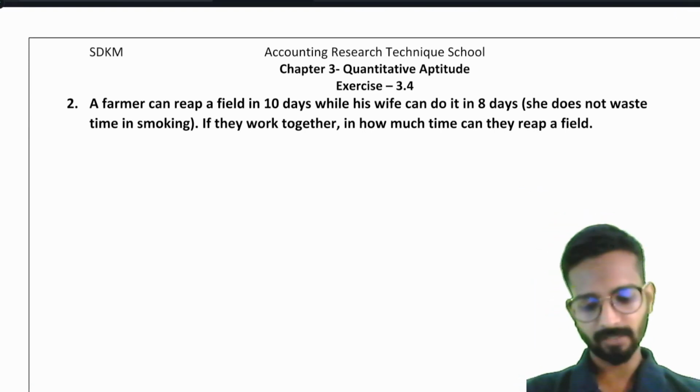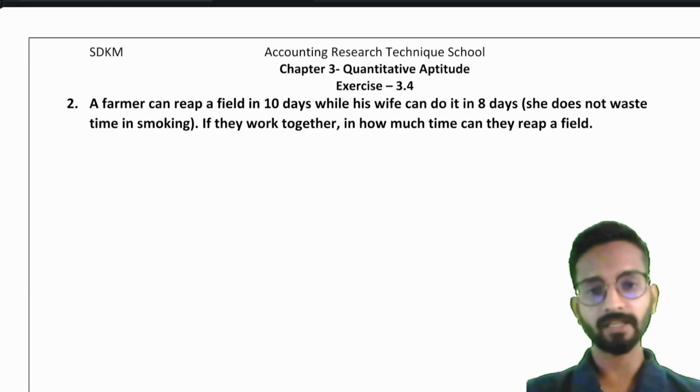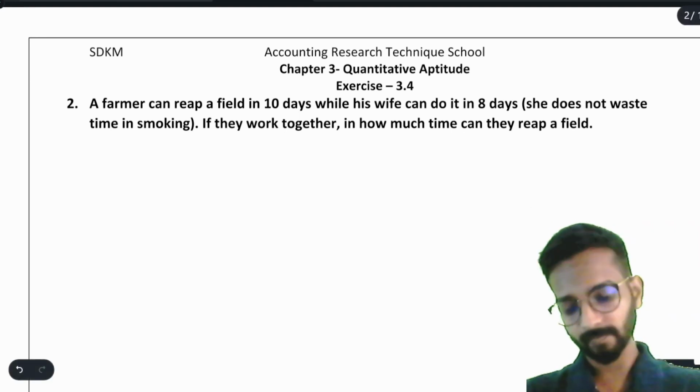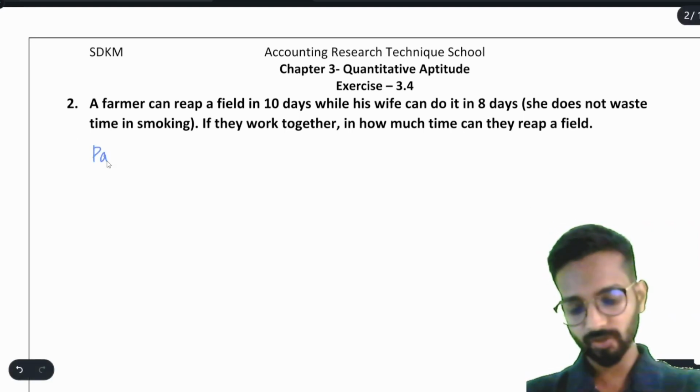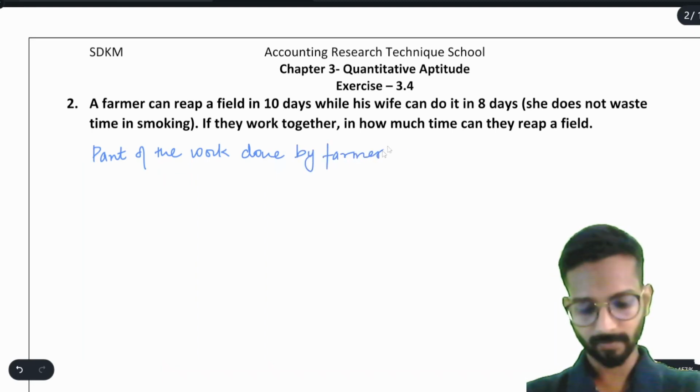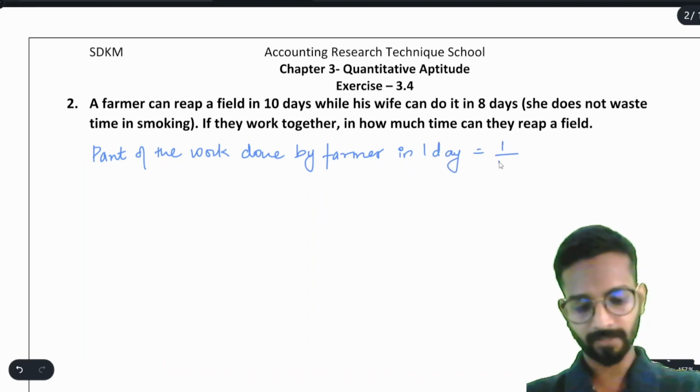See, question number 2 says, a farmer can reap a field in 10 days, while his wife can do it in 8 days. She does not waste time in smoking. If they are working together, in how much time can they reap a field? First we will write here, part of the work done by farmer in one day is how much? 1 by 10.